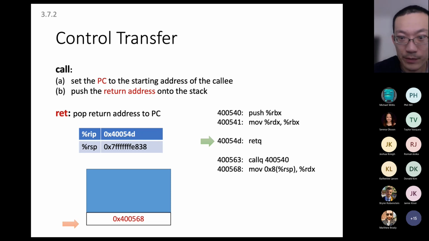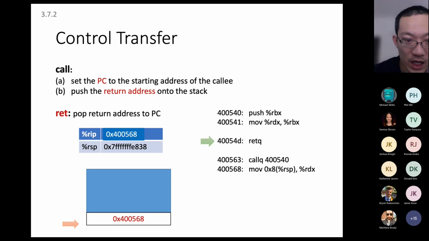In this example, first of all, we need to find out what the return address should be. You remember the return address, we gave that on the stack.